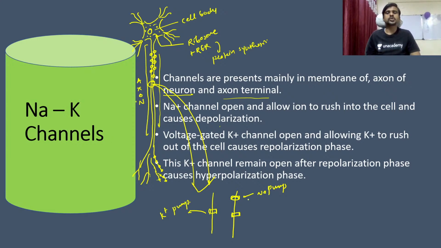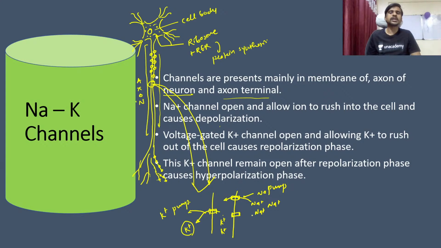Now sodium opens and allows ions to rush inside the cell. So these sodium plus ions are entering inside the cell, and the K plus pump allows K plus to go outside of the cell.